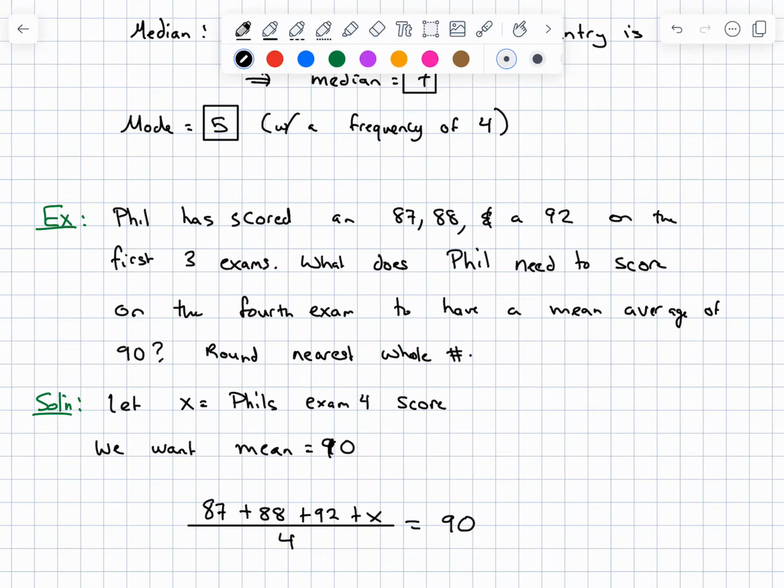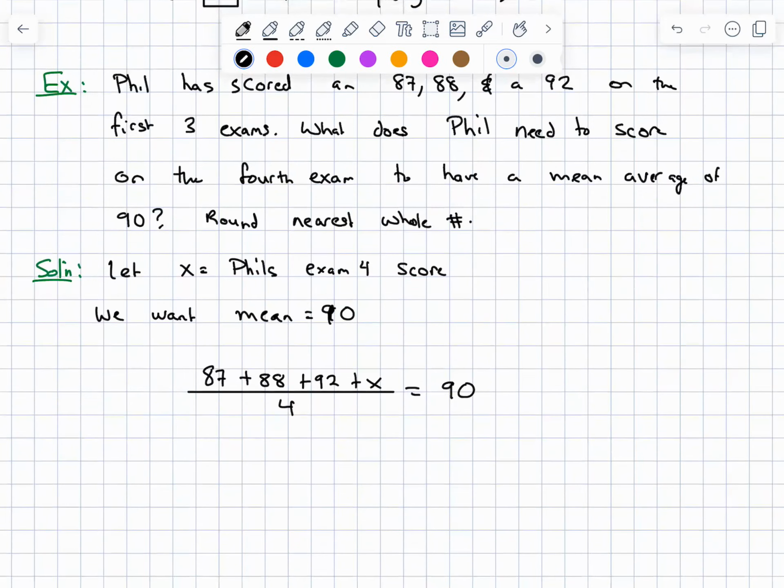The mean is calculated by taking all the numbers that are present, in this case 88, 87, 92, and your unknown exam score x, and dividing by the total number of data values, which is 4 because there's 4 exams, and that will equal the mean.